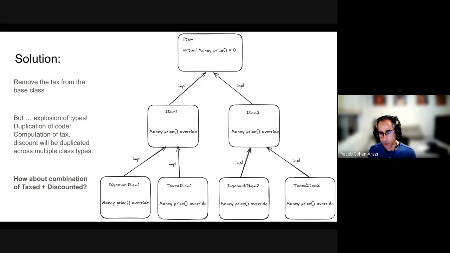So try to imagine what happens here. You get an explosion of types very, very quickly. The other part is that you have computation that would be similar in multiple derived classes. It's insane, this is exploding very quickly. What happens if you want to change something? You need to change it in different places.